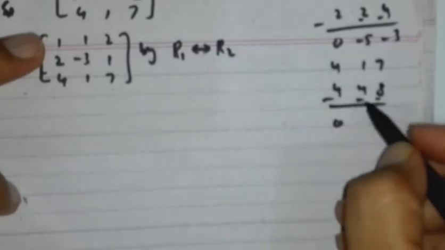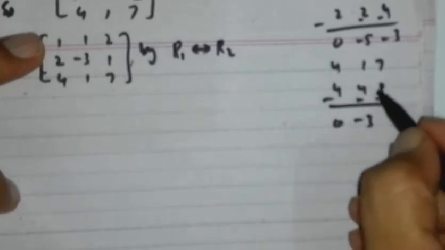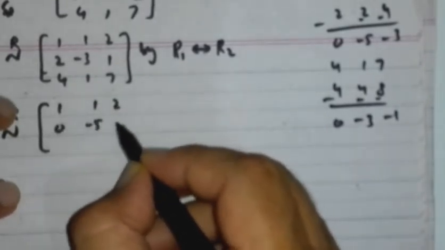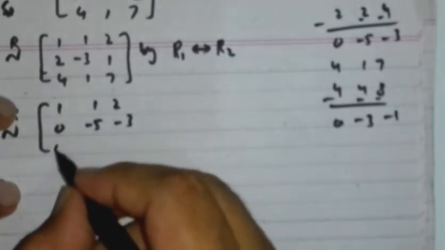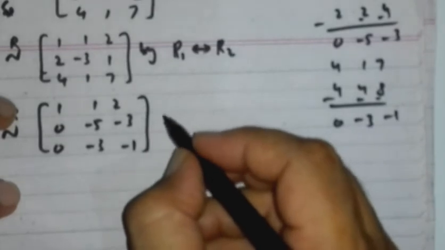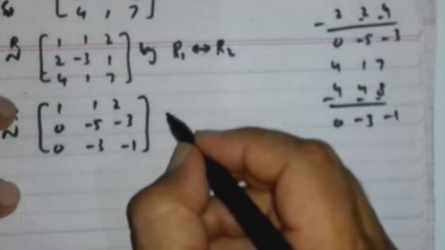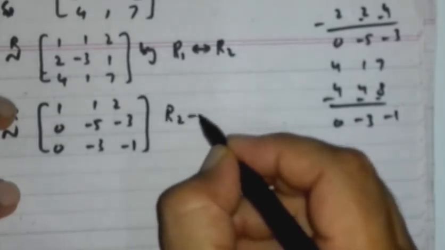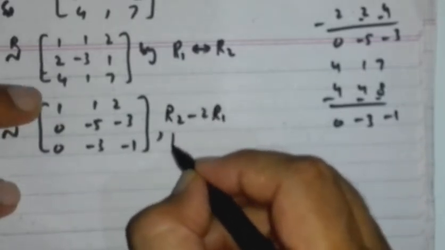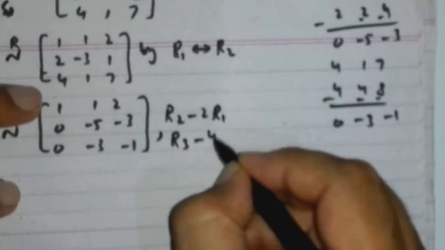These two cancel, we get 0, here we get minus 3, and here we get minus 1. So now write it 1, 1, 2, here 0, minus 5, minus 3, and here 0, minus 3, minus 1. How? By R2 minus 2R1 and R3 minus 4R1.